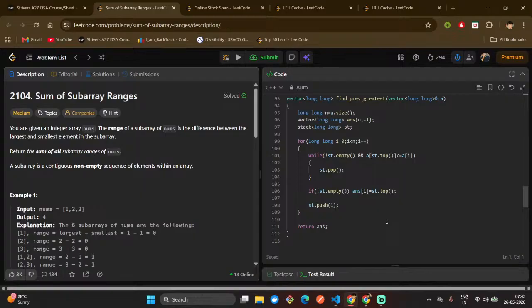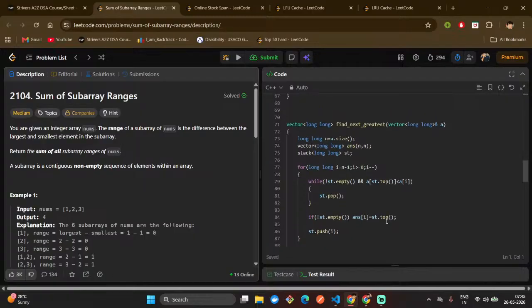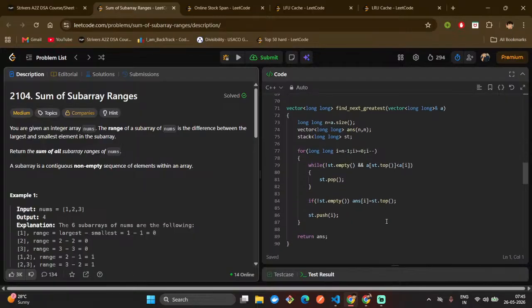So now, next greatest element. Okay. We have to see the first. Okay, see the top. Four. That's good.